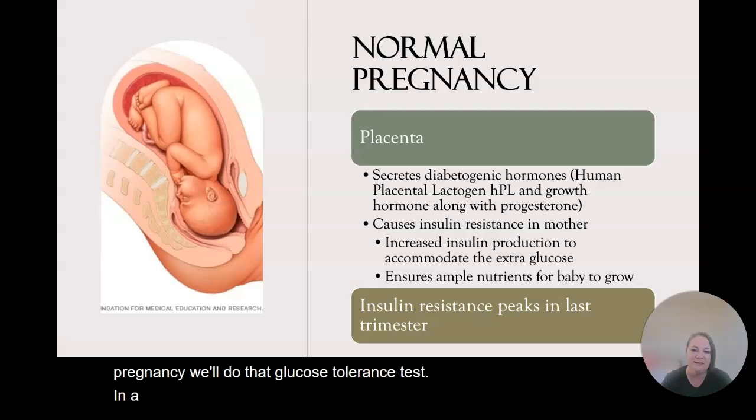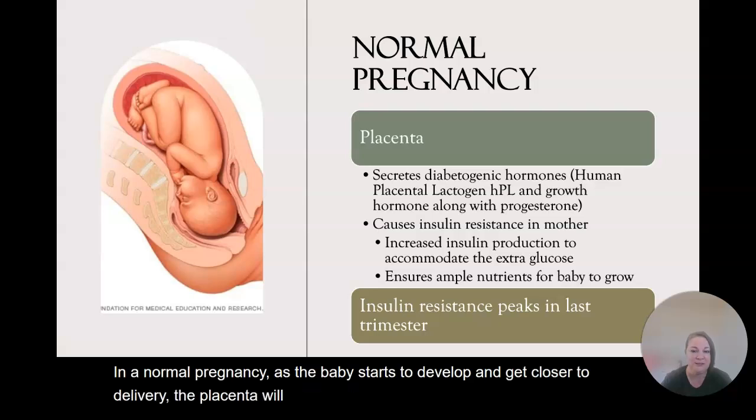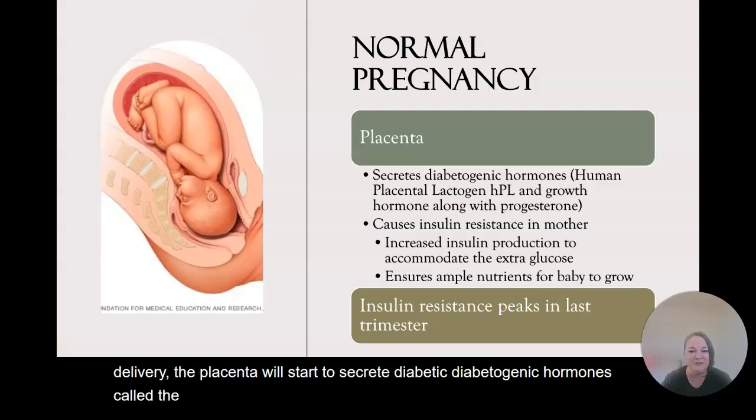In a normal pregnancy, as the baby develops and gets closer to delivery, the placenta will start to secrete diabetogenic hormones called human placental lactogen, or HPL, and growth hormone, along with progesterone.